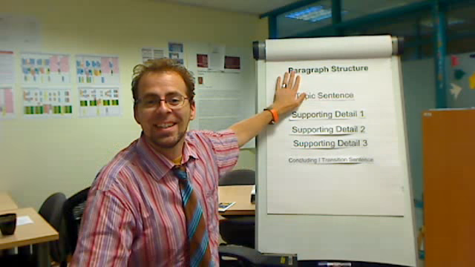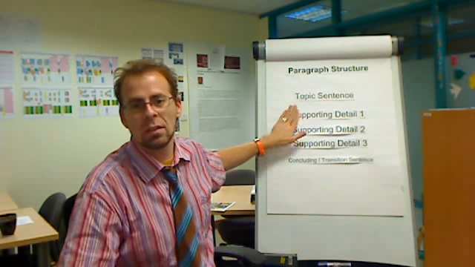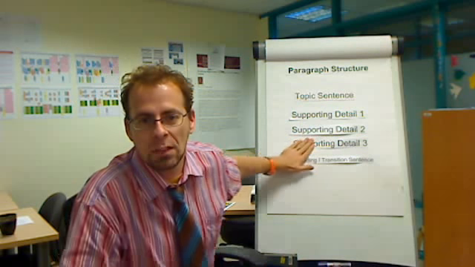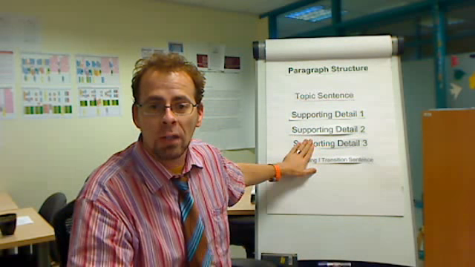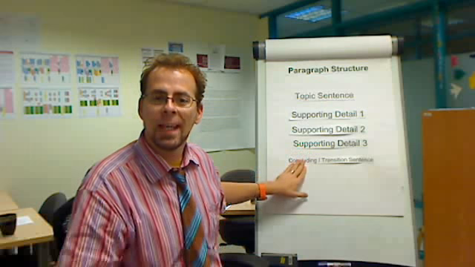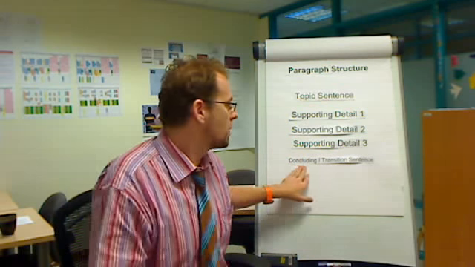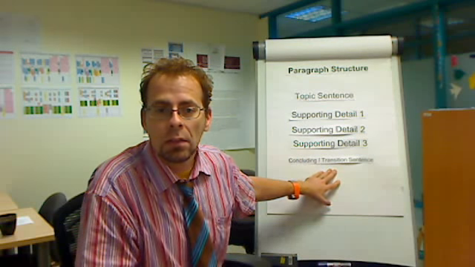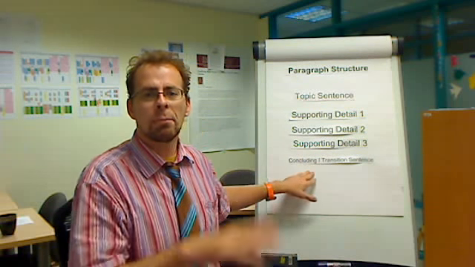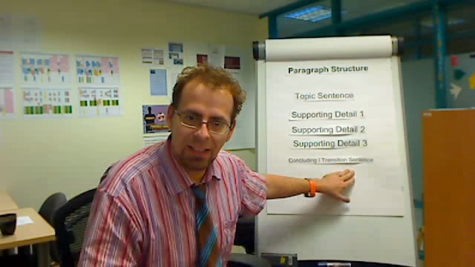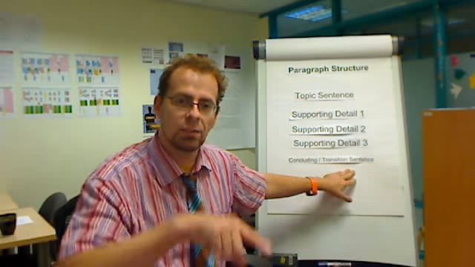Okay, so that is the structure of a paragraph. Topic sentence, supporting detail number 1, supporting detail number 2, supporting detail number 3. You can have more if you want, but I'm just giving you 3. And then if you're just writing one paragraph, maybe the teacher will ask you to have a concluding sentence. Or if you're writing more than one paragraph, you might have a transition sentence that leads you into the next paragraph.